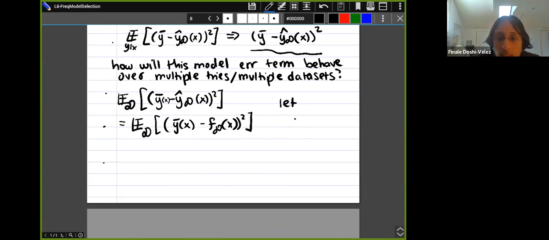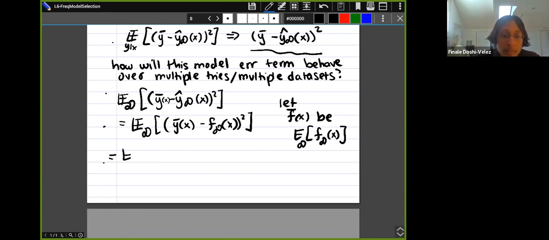So we don't need a data set anymore. Let F bar of X be the expectation over data sets of our fit, right? So every time we get a data set, we fit a new line. And this is the average of all of those lines that we have. And again, I'm constructing this, and then we're going to see why it has value in just a few moments.